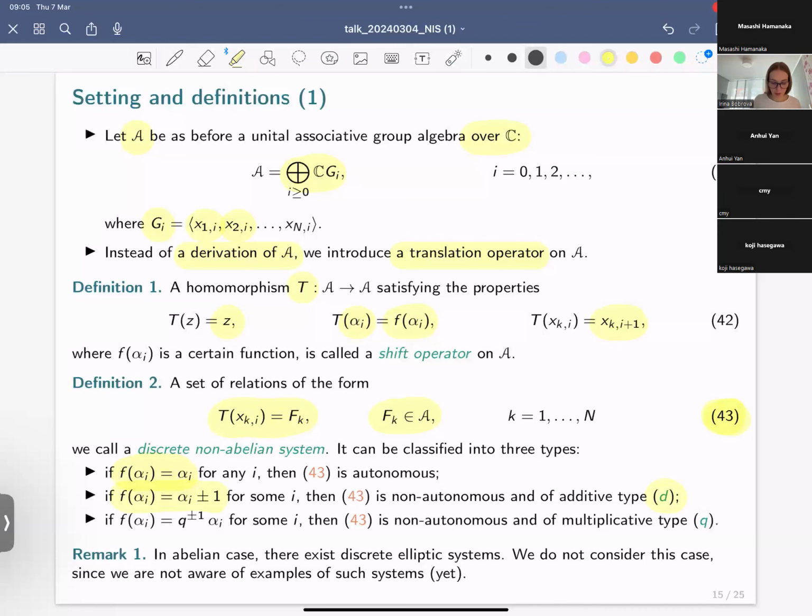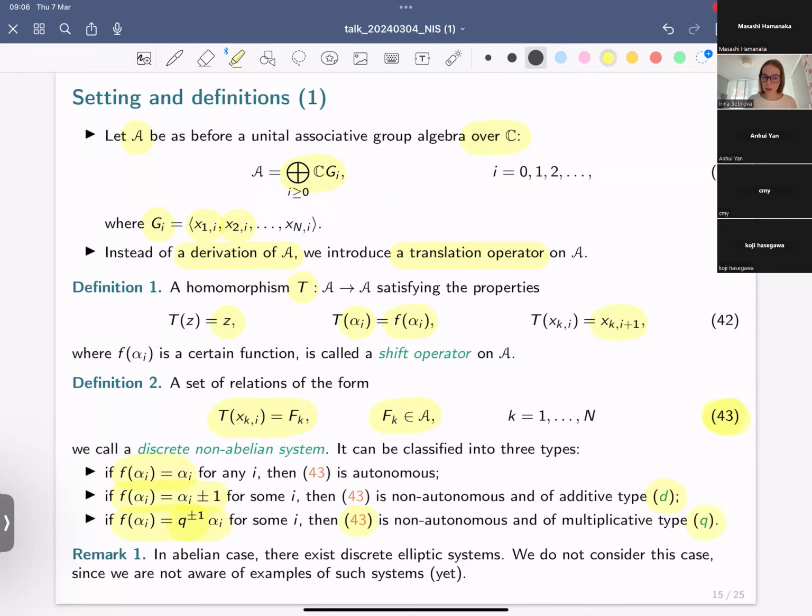So when our function f is defined by this relation, where we multiply some of our parameters a sub i by Q or Q inverse, where Q might be either non-commutative or commutative, but let us set that Q is commutative, then this system (3.3) is non-autonomous and of multiplicative type, or Q type.